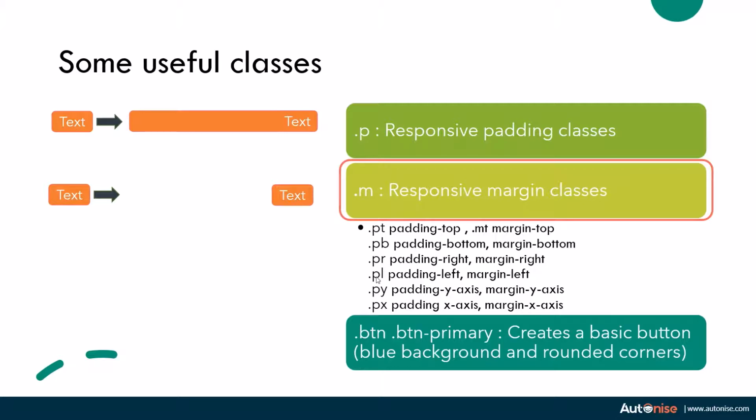P stands for padding, M stands for margin, L stands for left, R stands for right, T stands for top, B stands for bottom, Y stands for the Y axis, which is top and bottom, and X stands for the left and the right. So, by a combination of these characters, which is P, M, then T, B, R, and L, you can specify the different kinds of padding.